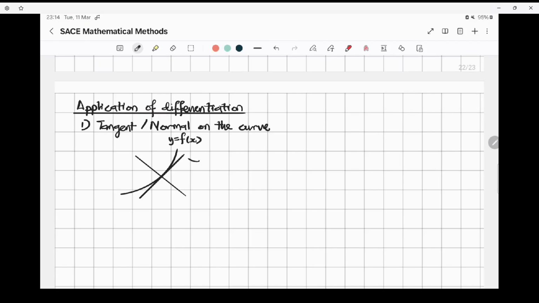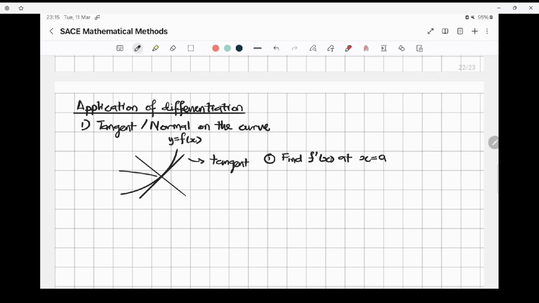So in order for you to identify the tangent, the first step that you need to do is to find your first derivative, which is your f prime x, at point x equals a, for instance.